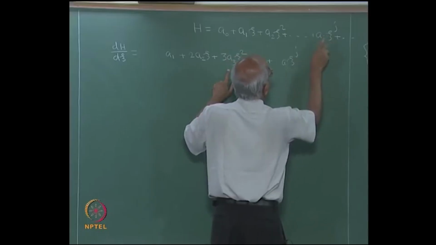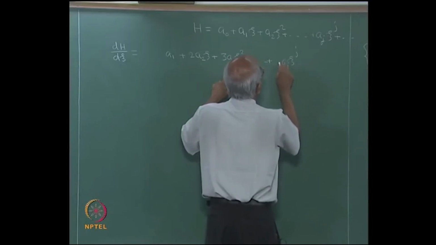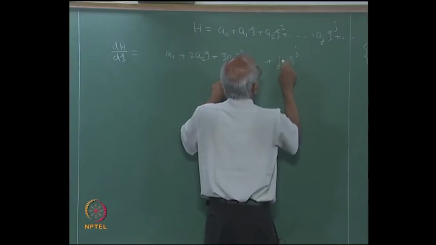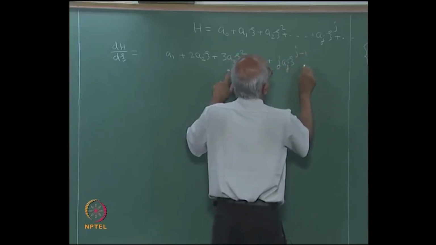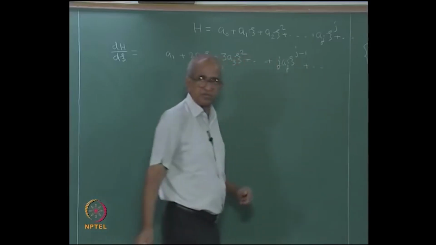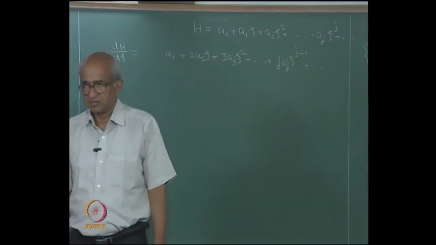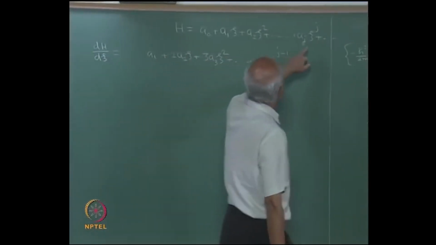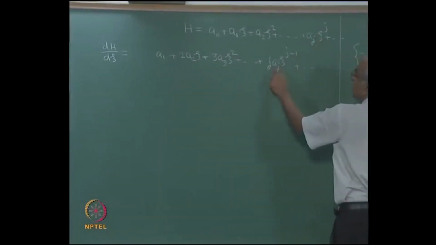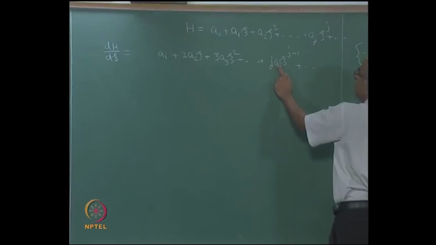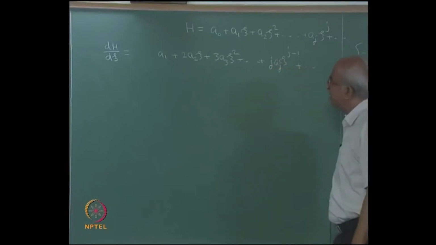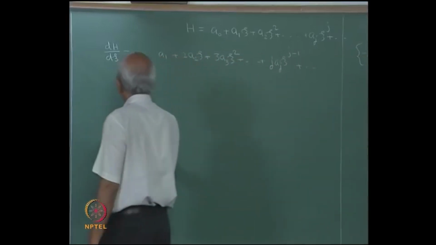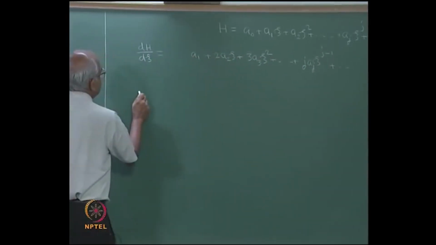If you differentiate this term, what will be the answer? You are going to get j times aj c to the power of j minus 1 plus etcetera. Because the derivative of this term, what is it? It is going to be j times aj times c to the power of j minus 1. So, let us now calculate the second derivative.